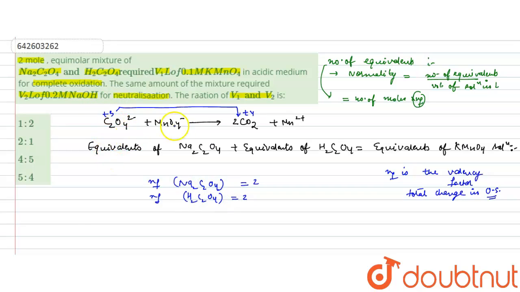The n factor for KMnO4: the oxidation state of manganese is +7 and it is going from +7 to +2. It means reduction is taking place by the gain of 5 electrons. So the n factor for KMnO4 will be 5. So now we can equate the equivalence of Na2C2O4 plus equivalence of H2C2O4 equal to equivalence of KMnO4 solution.